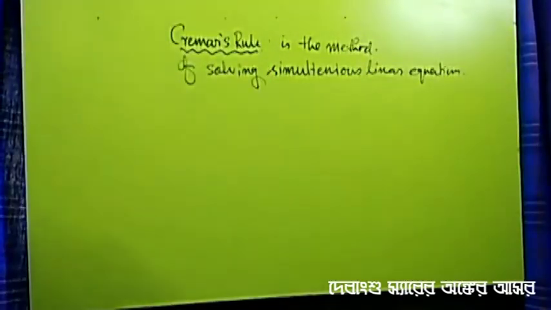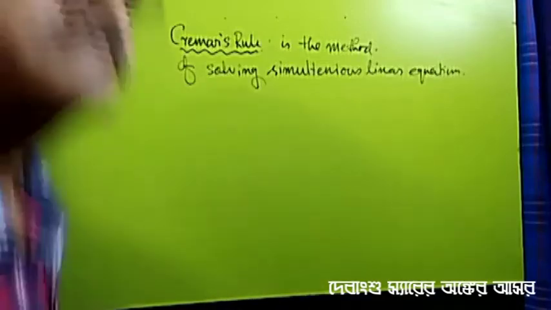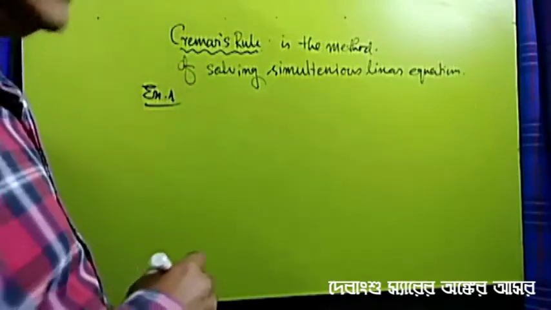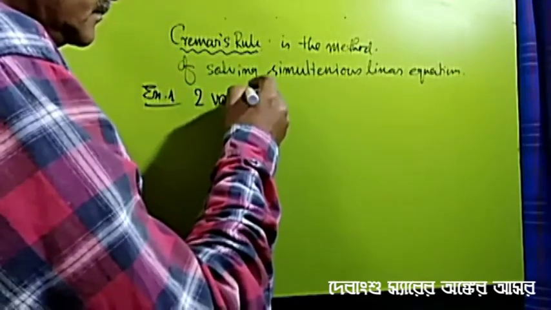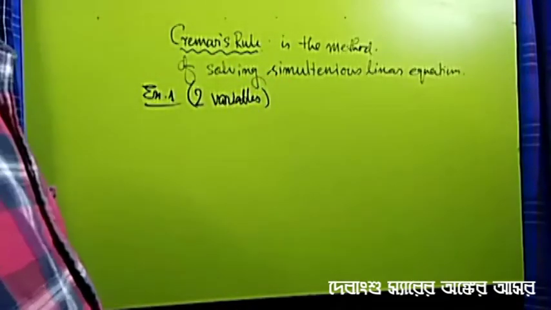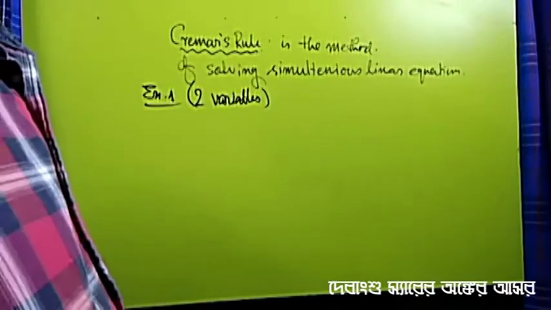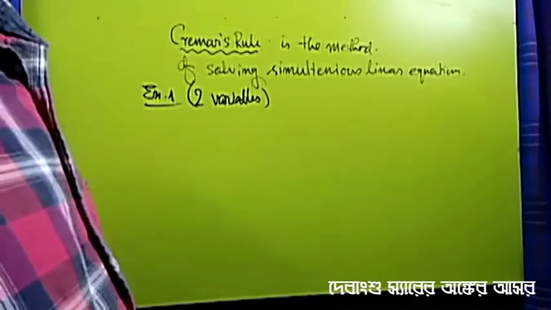This method I will teach you by some examples. Example 1: two variables. Example 2 will be of 3 variables, and you can solve for n variables also. The method is just you have to extend the method.